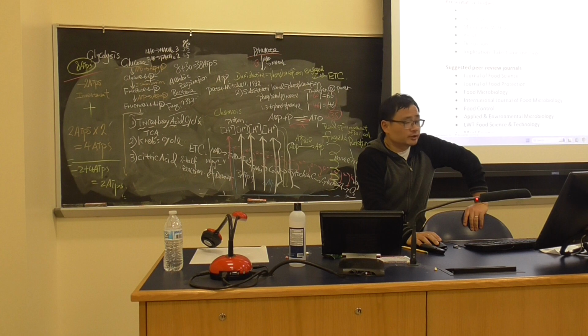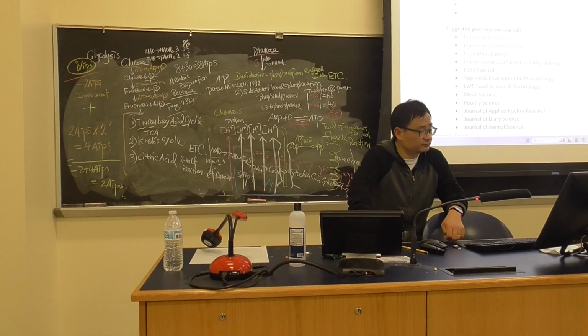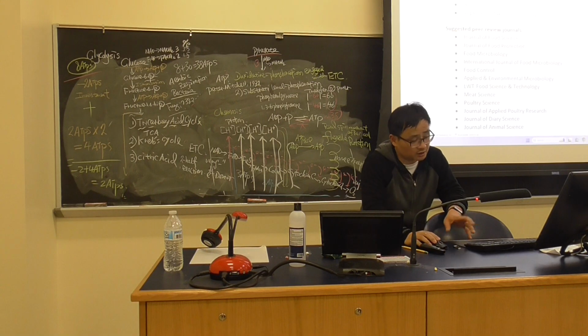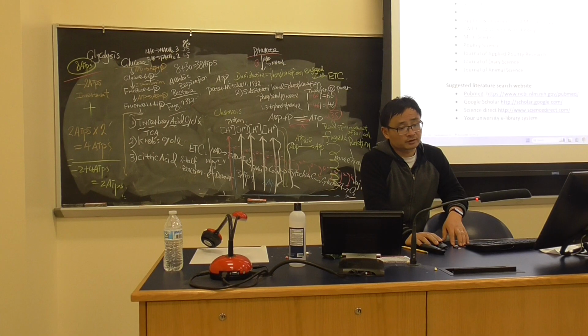What should a presentation body include? Introduction, objectives, materials, methods, results, discussion, and some take-home messages. It comes from the paper. These are the journals I recommend: Journal of Food Science, Journal of Food Protection, Food Microbiology, Food Control, Applied and Environmental Microbiology, LWT, Meat Science, Poultry Science, Applied Poultry Research, Dairy Science, Animal Science. You don't need to read everything. So when you read a paper, what should you do?